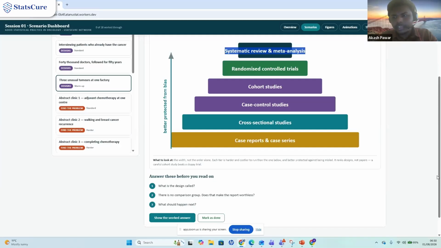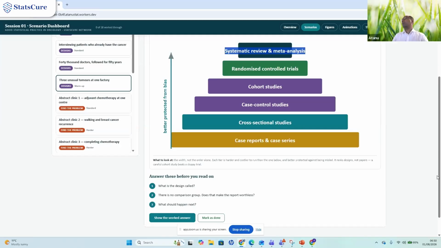The randomized trial is considered the highest hierarchy at the trial and subject level. Then comes the systematic review and meta-analysis, where you are meta-analyzing all these studies or designs under one umbrella.